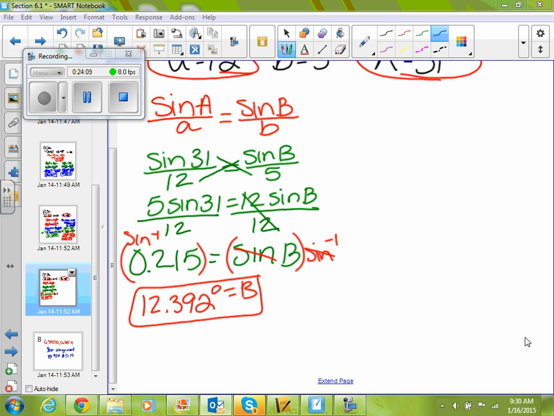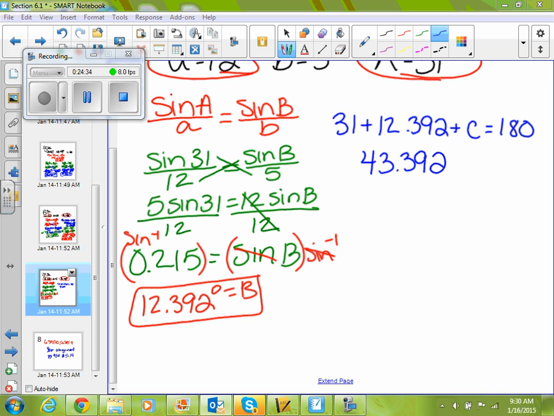Using my addition property, then I know that 31 plus 12.392 plus some angle C has to equal 180. 31 plus 12.392 gives me 43.392 plus C equals 180.